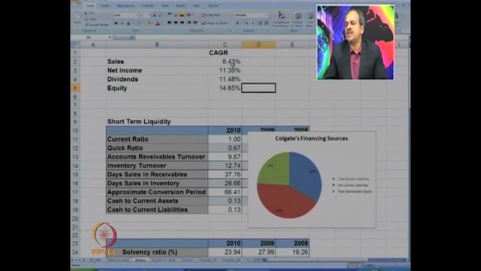CAGR is calculated for sales, net income, dividend as well as equity. You can see there is around 6% growth in sales on a compounded annualized basis, and a slightly higher growth rate for net income or profits, and equity has been increasing at an even higher rate, which is about 14%.